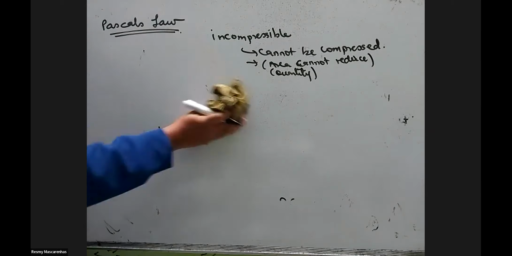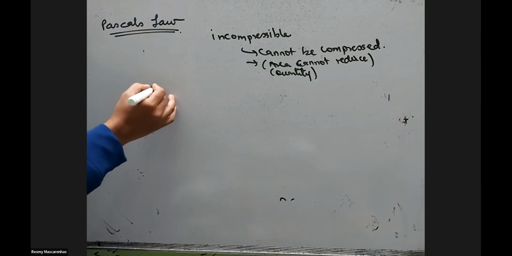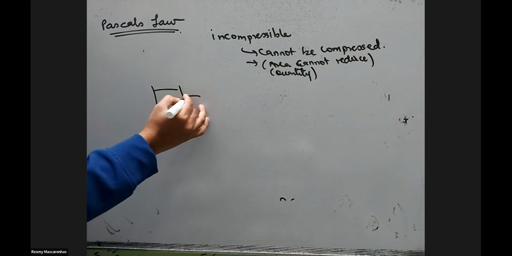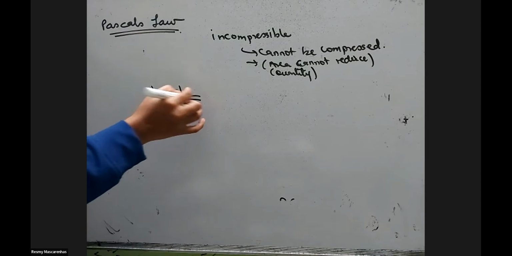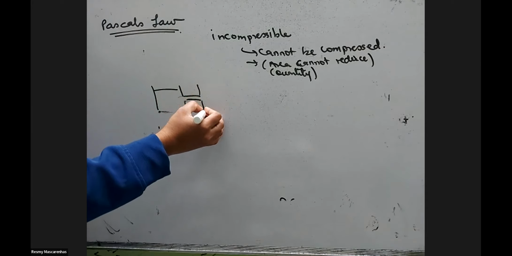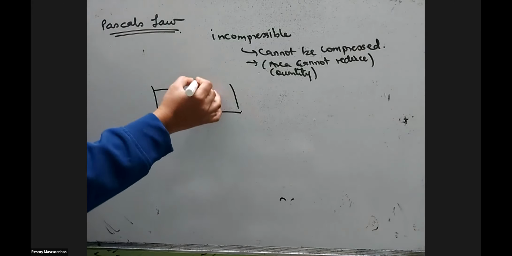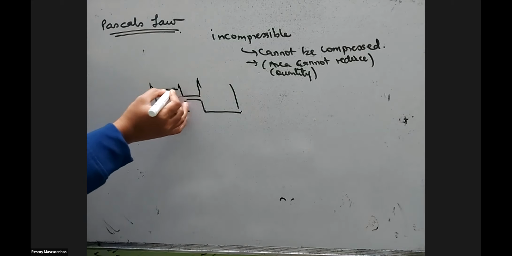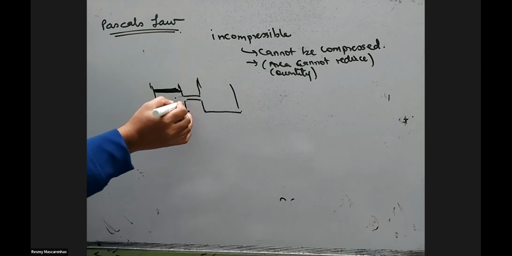Suppose this example only we will take. Let's suppose a bigger container is connected here. So what Pascal tries to say is there's a piston kept here. Consider this is all filled with fluid.